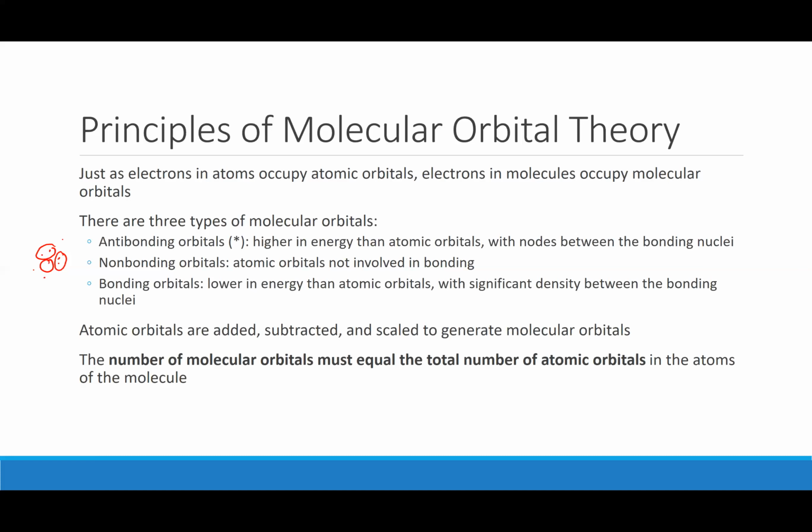When we discuss how many molecular orbitals exist when we form a bond, it should be equal to the total number of atomic orbitals in the original atoms of the molecule. So, for example, in H2, each hydrogen atom has one electron in the 1s orbital. These are the original orbitals.